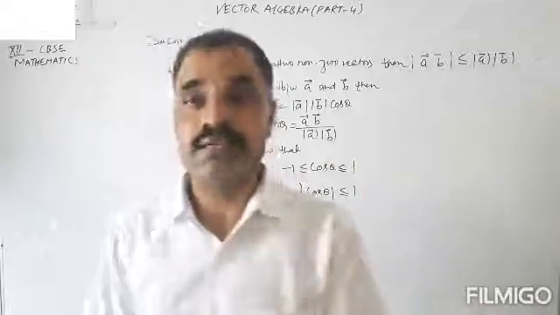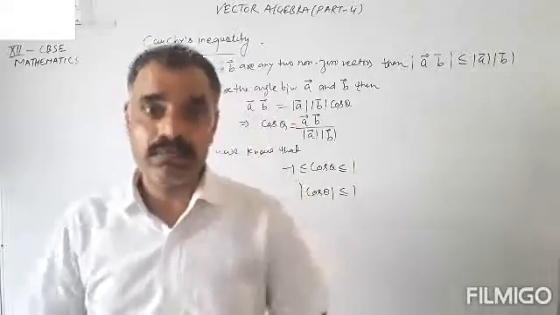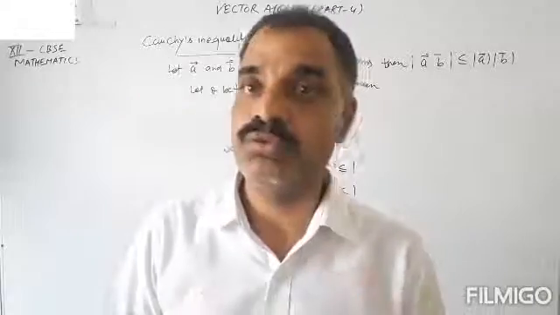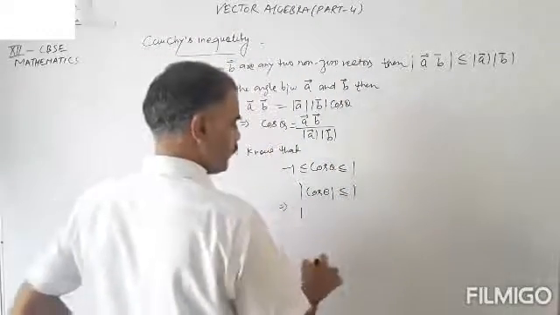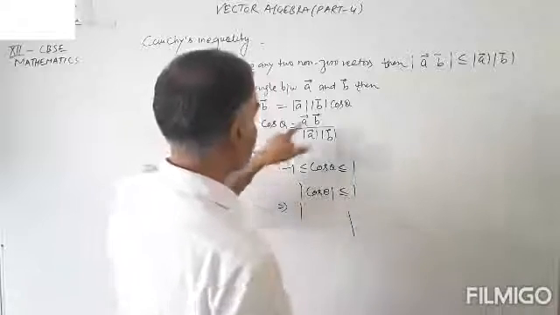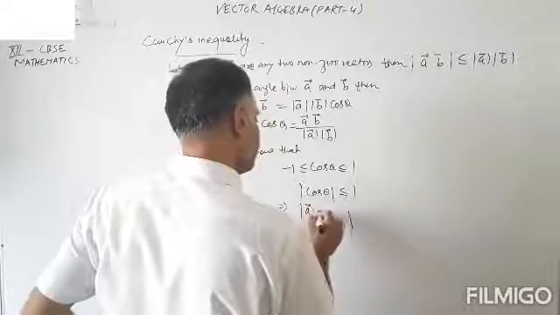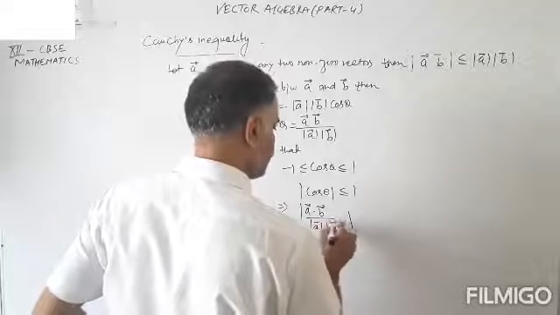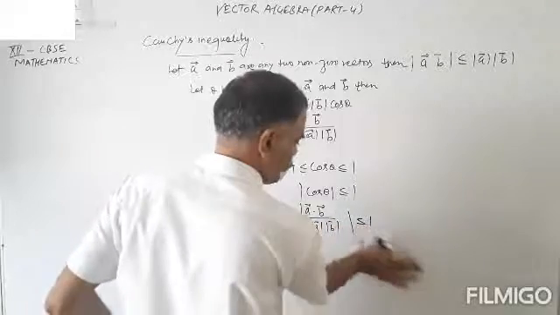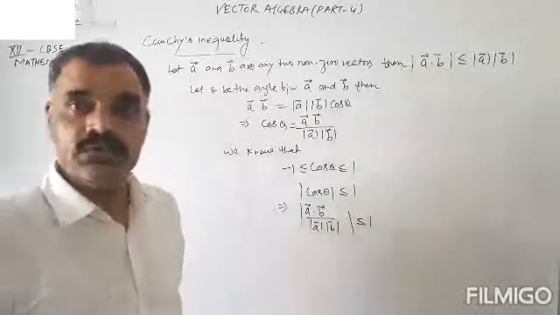We will take this relation to prove Cauchy's inequality. Modulus cos theta, where cos theta equals A vector dot B vector divided by modulus of A vector times modulus of B vector, is less than or equal to 1.